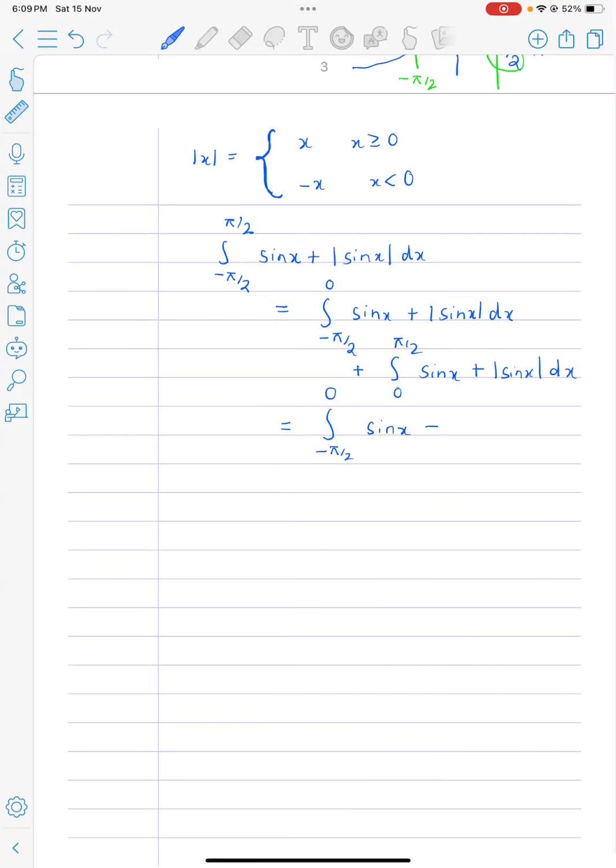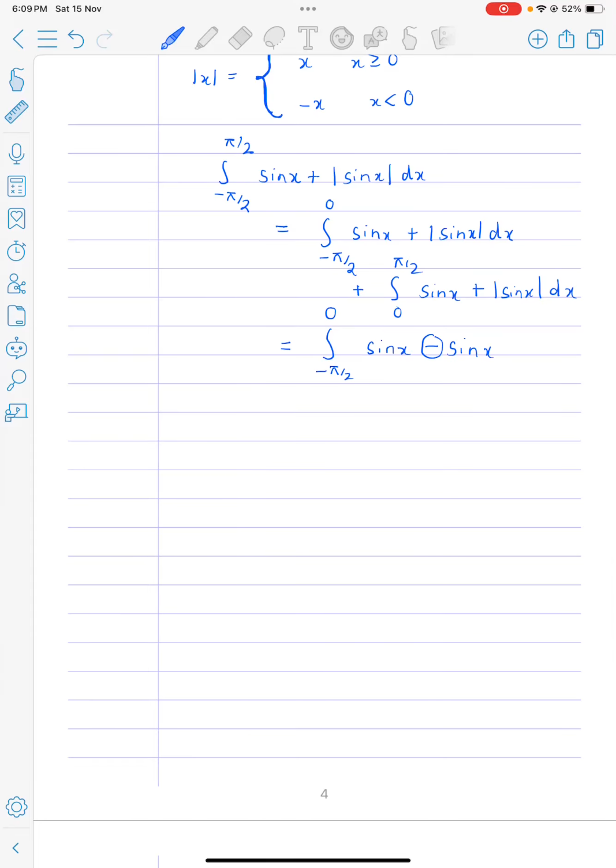Incorporate that change. So here it will be minus sin x. Note this minus, I explained why it will be multiplied with minus. So sin x minus sin x will get deleted. It will be 0.